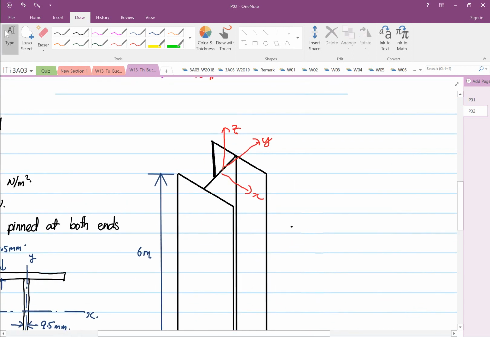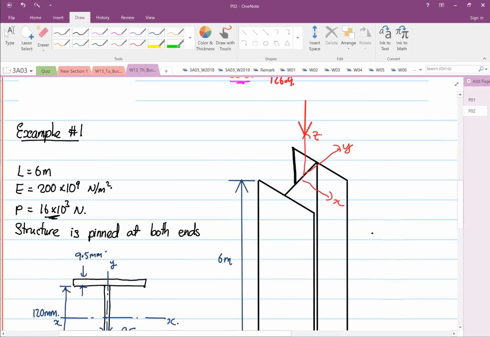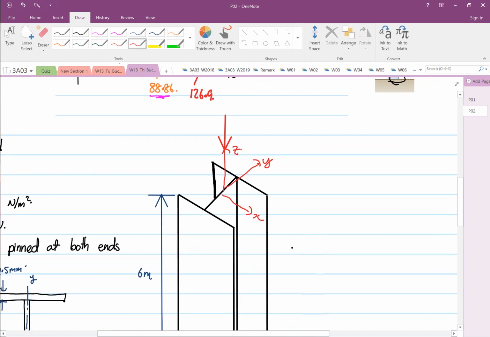We have a centric load coming down from the top, and this centric load is at 16 times 10 to the power 3.